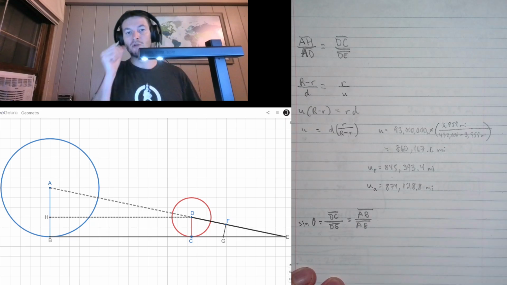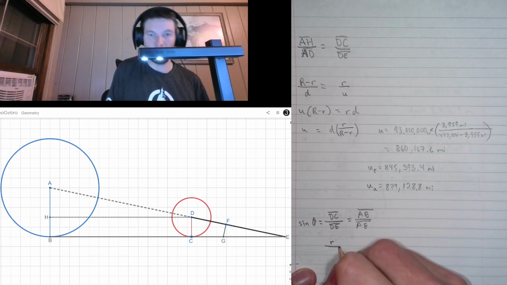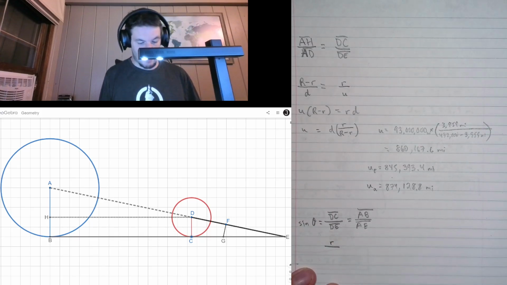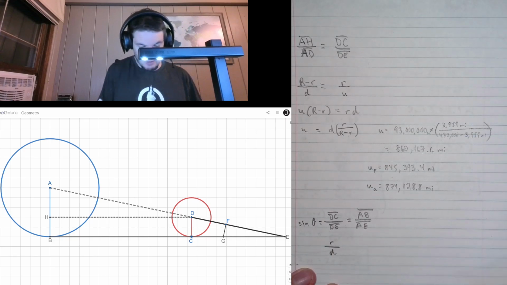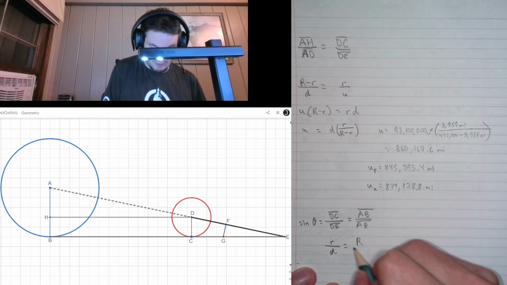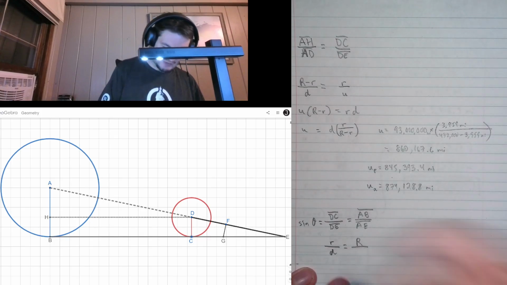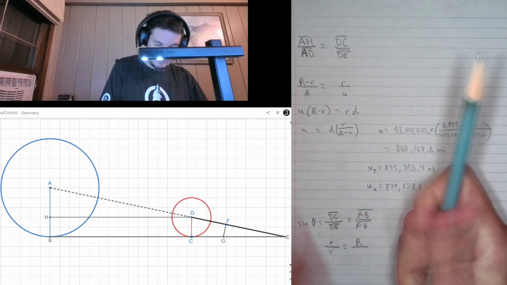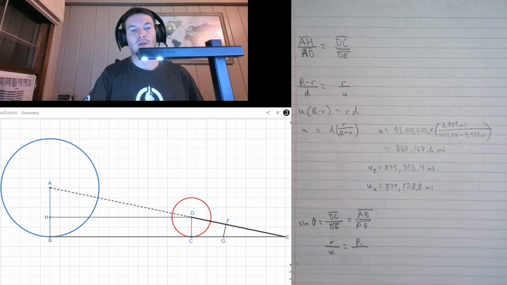So let's do some substitutions here. We know that DC is little r. DE is the distance that we are looking for. No, excuse me, we're calling this U, the length of the umbra. And we know this is equal to AB, which is the large radius, R. The distance A to E is AD plus DE.